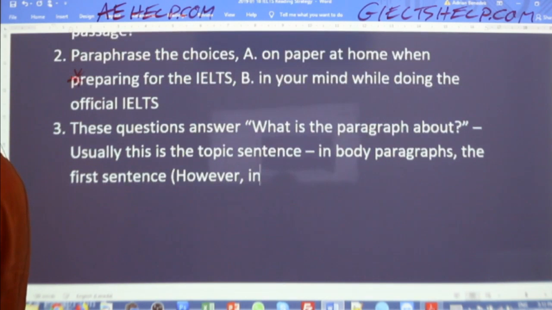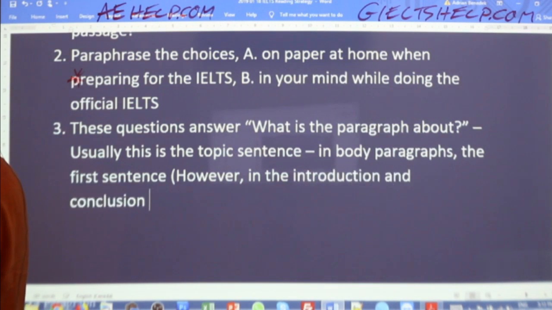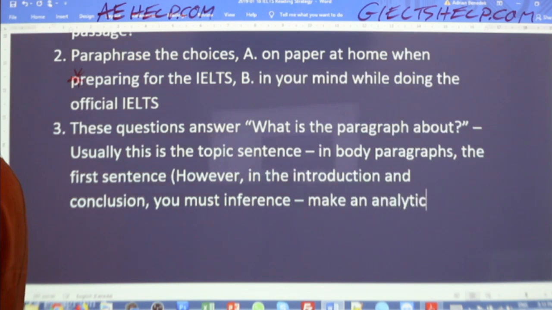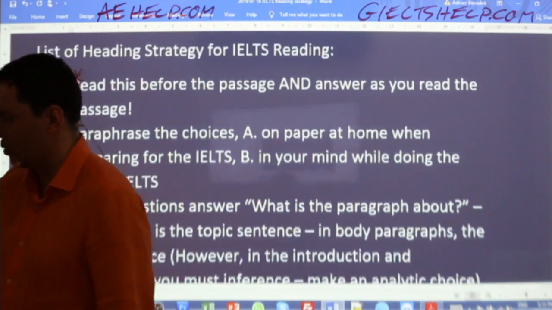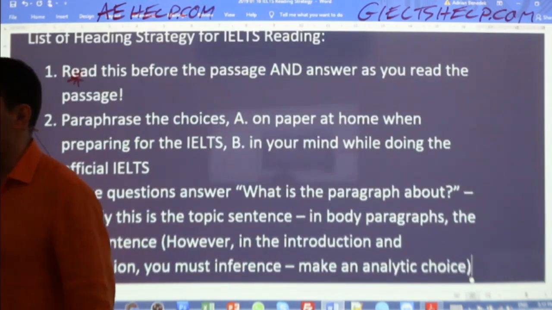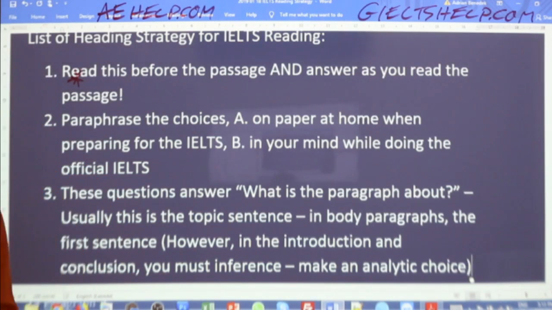However, in the introduction and conclusion, you must inference, okay? You have to make an analytic choice, and I'll show you how that works, okay? So these are the most important strategies that you have to remember for list of headings.